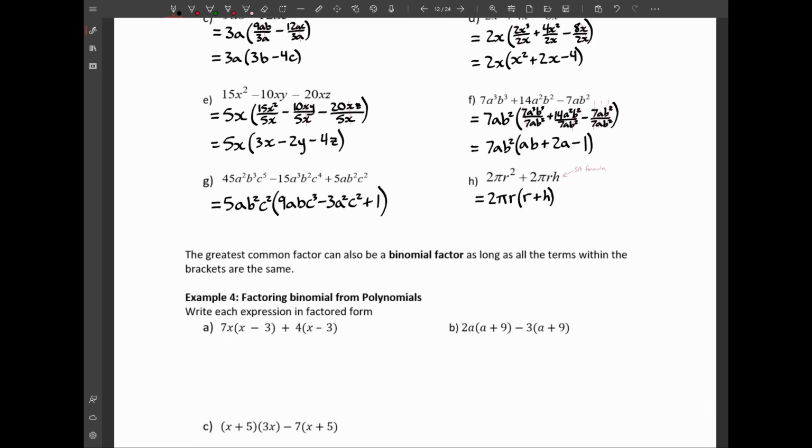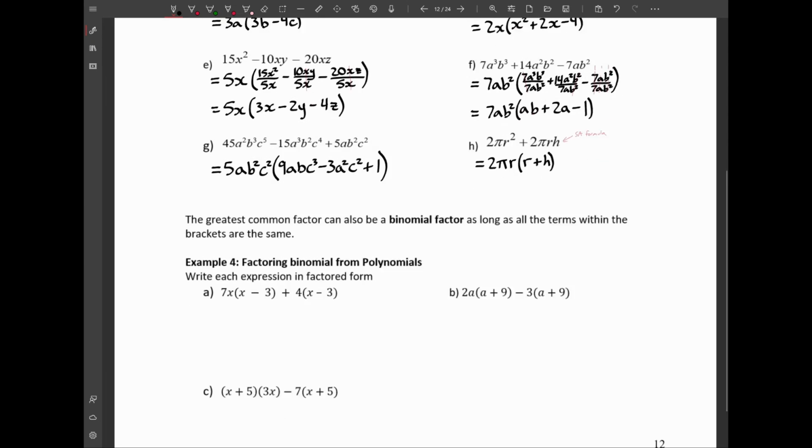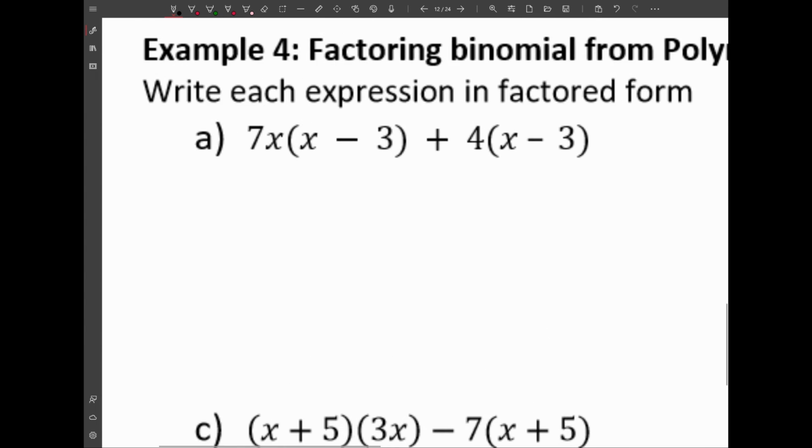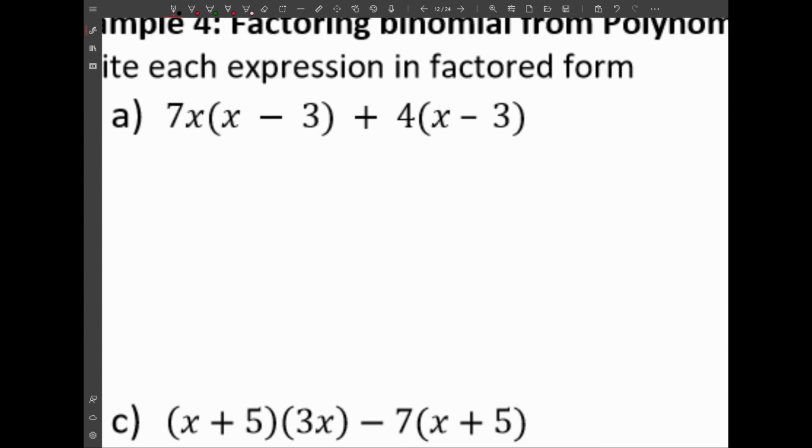Okay, now we're going to learn how to factor polynomials out of other polynomials. So, for example, if you look at this guy right here, you can see that there are polynomials inside each term. There are little binomials inside the term of this polynomial. The trick to this one is finding what's common. So you'll notice x minus 3, x minus 3.